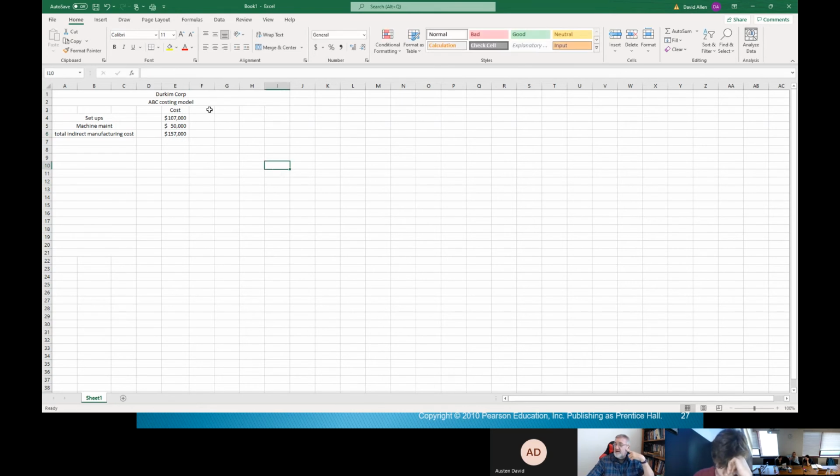Okay. Now I'm going to combine a couple more boxes here, and I'm going to put cost driver up there. And then it says for the cost driver, it's the number of setups.